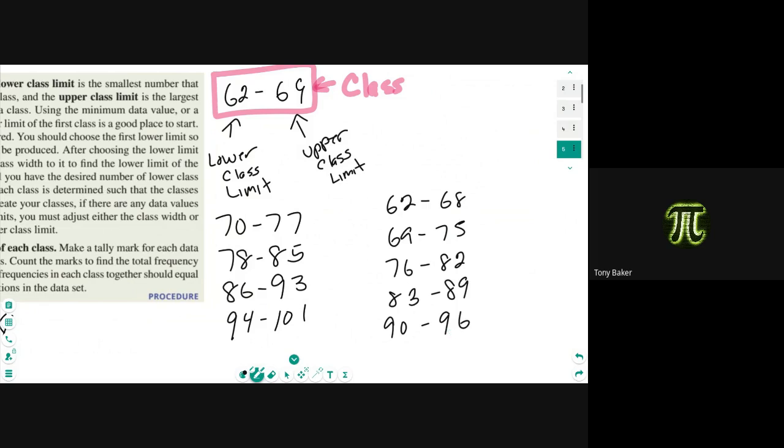I got 5, right? Can I fit all the numbers in there? No. That's why we always have to round up. Even though 7.2, the way you've always been taught to round, you round down. In this situation, because of the way we have to work on it, you always have to round up. Otherwise, your numbers won't fit. You either have to add another class, and then we have 6 classes and not 5, or we have to round up.